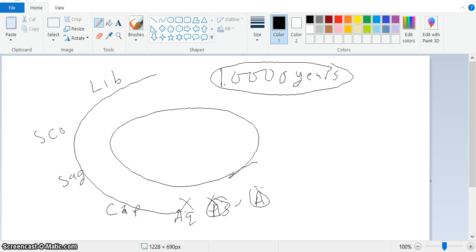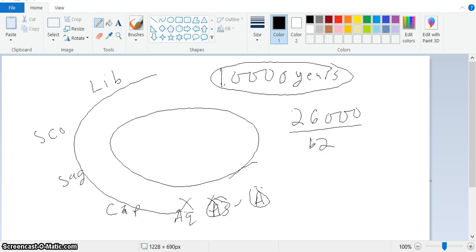Okay, so what we do is it's actually really simple. You have 12 constellations of the zodiac, so we know that it takes 26,000 years divided by 12 constellations of the zodiac. They're more or less the same size in the sky. They're not exactly, but we'll make the assumption.